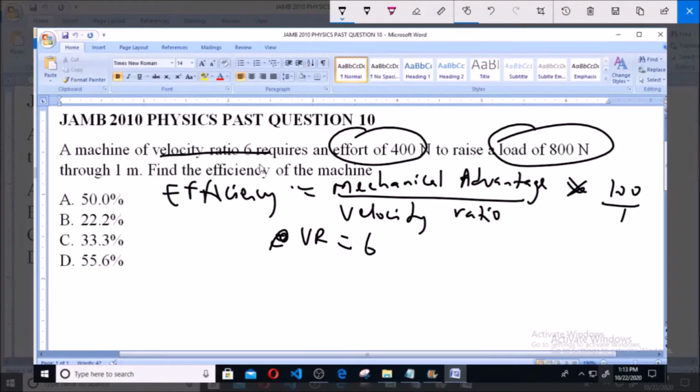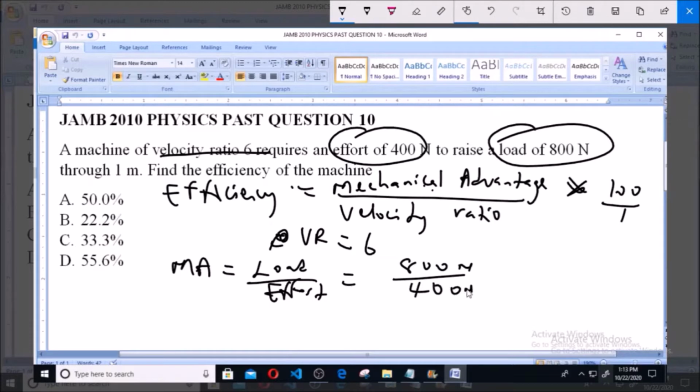Now we need to find the mechanical advantage. Now mechanical advantage is given as the load over effort. So load is 800 Newton, effort is 400 Newton, so the units cancel out, and this will give you 2. So the mechanical advantage is 2.